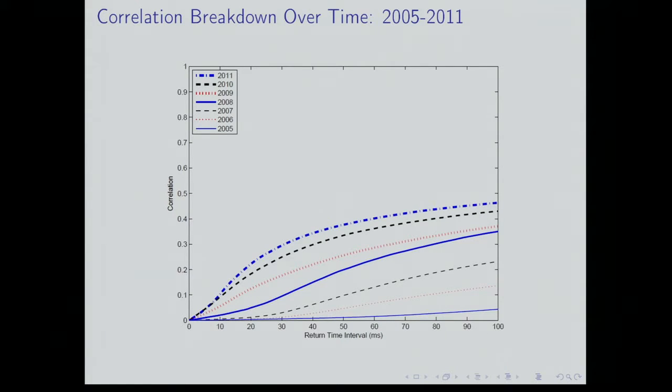That's information getting from Chicago prices into New York prices faster and faster each year, and vice versa. At high enough frequency, though, at a millisecond, the correlation breaks down entirely. So the analog is, this is the duration of arbitrage opportunities getting shorter and shorter each year. And this summarizes that there's nothing in the market design that can prevent the arbitrage opportunities from occurring in the first place.